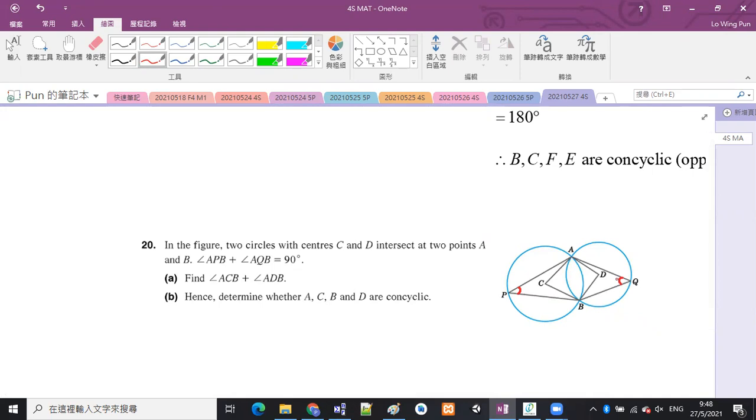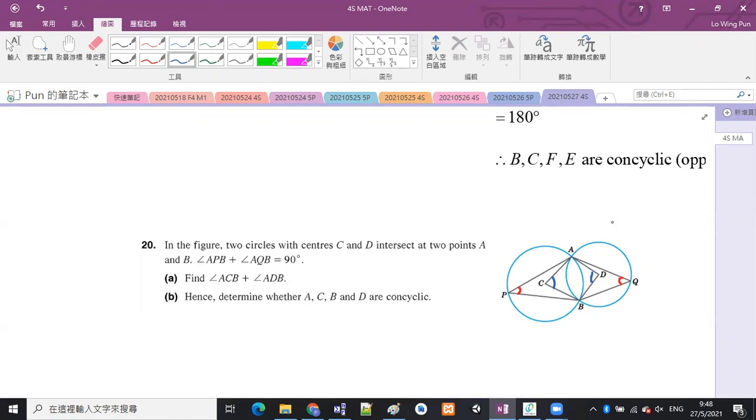Okay. And the question asks you to find angle ACB plus angle ADB. ACB is this one. ADB is this one. Okay, I want to add these two angles together. Okay, but I need to use the given information, APB and AQB.